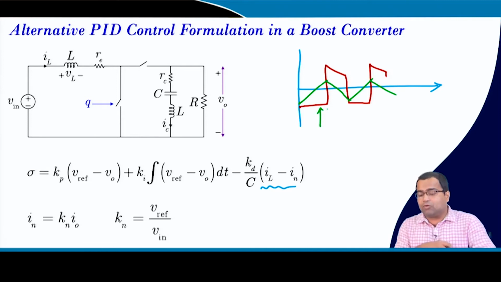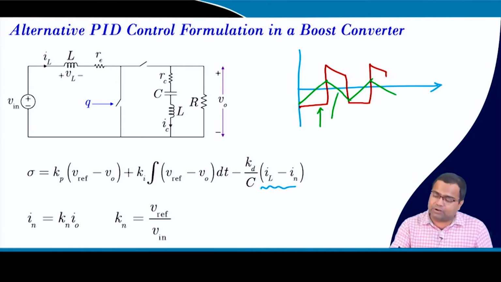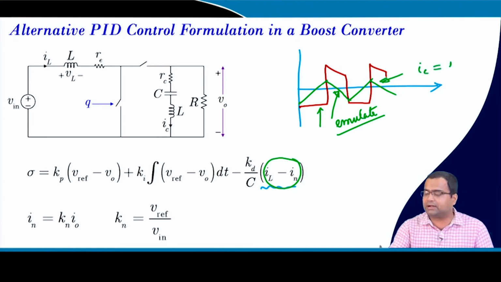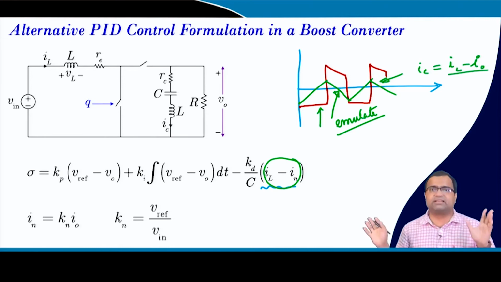So, why can't we emulate something similar for a boost converter, and that is exactly what we are doing. In a buck converter our capacitor current is nothing but IL minus I0, because the average inductor current is the same as the average load current.